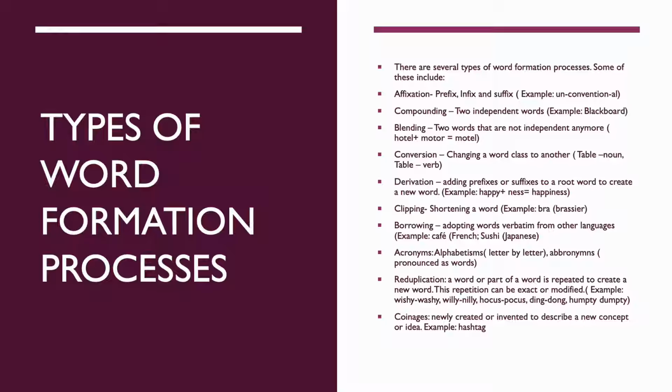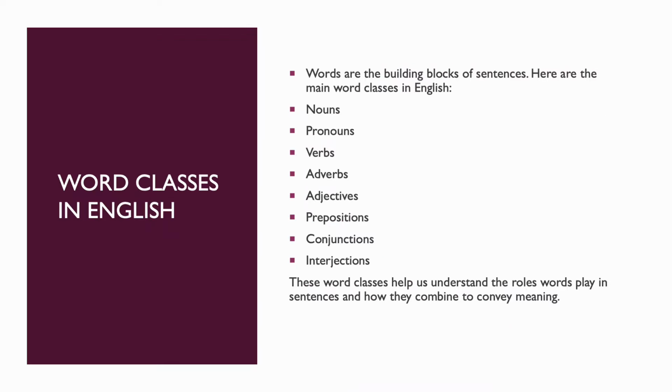You also have coinages. Coinages are newly created or invented words to describe a new concept or a new idea. For example, you have the word hashtag, which is a new social media word.